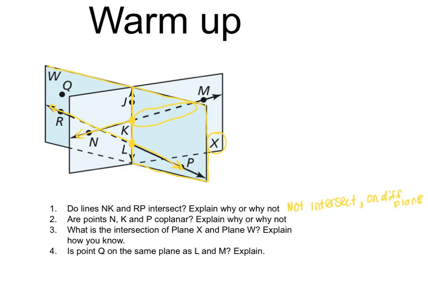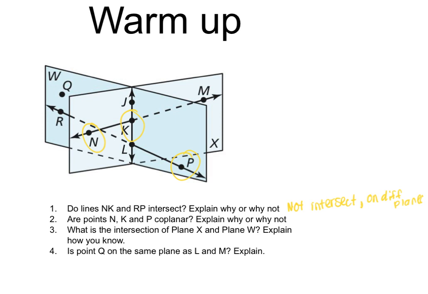Okay, that's number one. Number two, are points N, K, and P coplanar? So let's erase what we did before. All right, so the points N, K, and P. N is here, K is here, and P is over here.